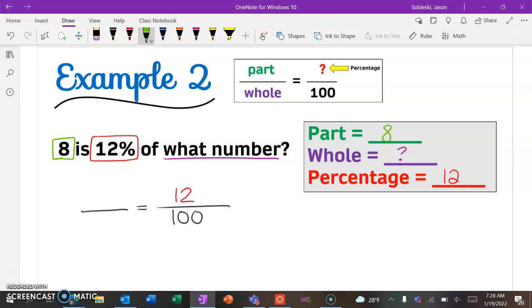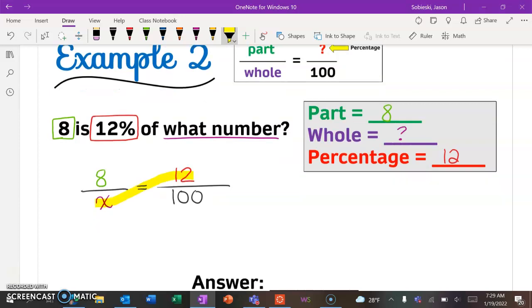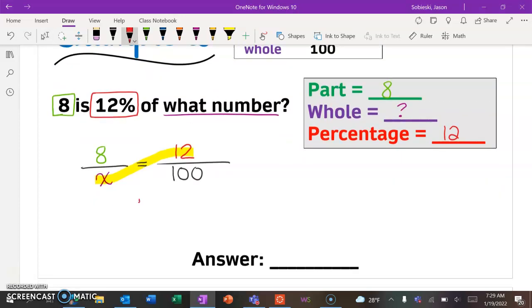We know the part goes in the numerator of the first fraction, and then we'll use x for our whole. As always, I'm going to use the cross multiplying method. So we're going to do 12x is equal to 800. Here's the yellow piece. Here's the blue piece.